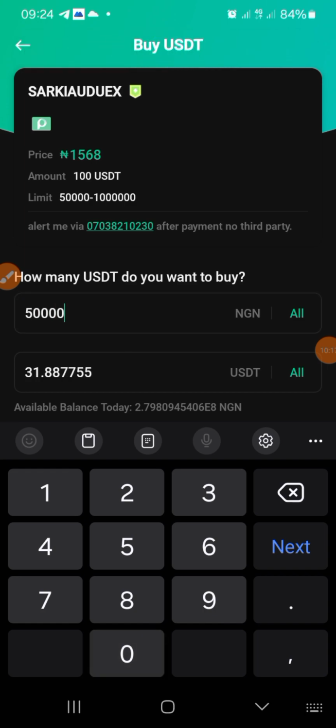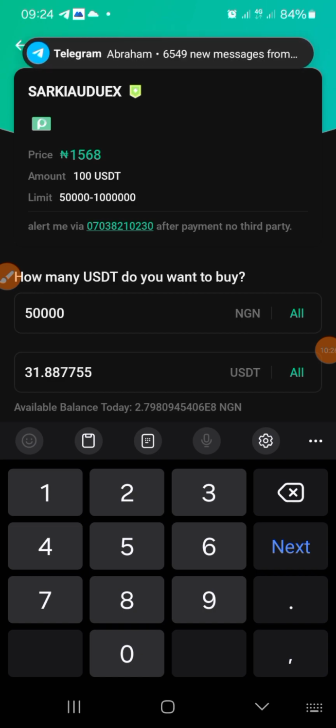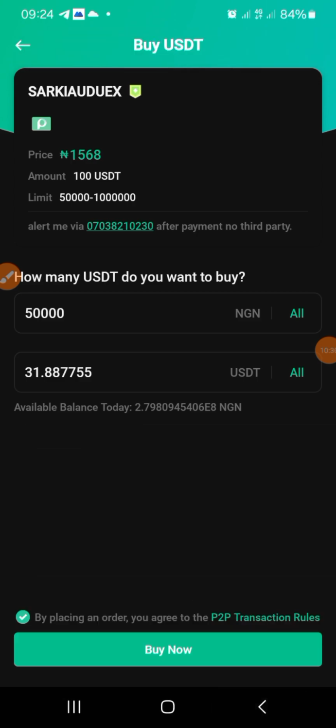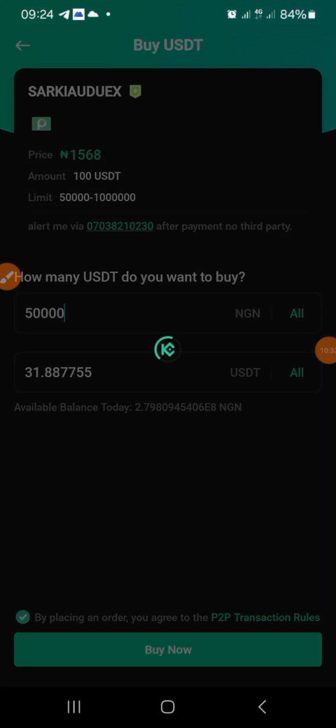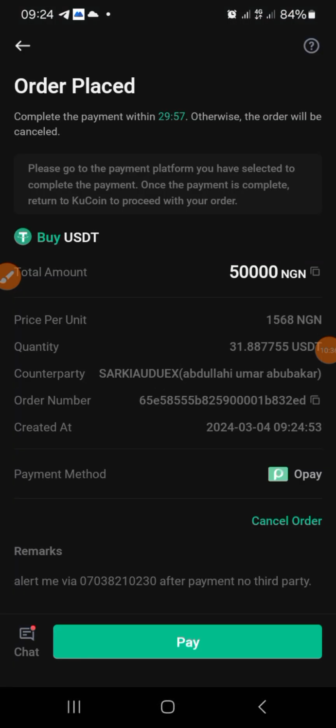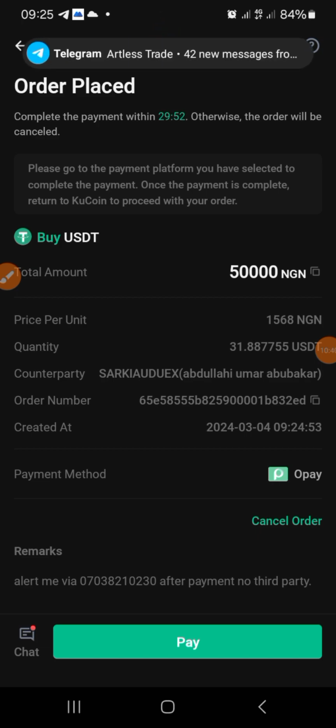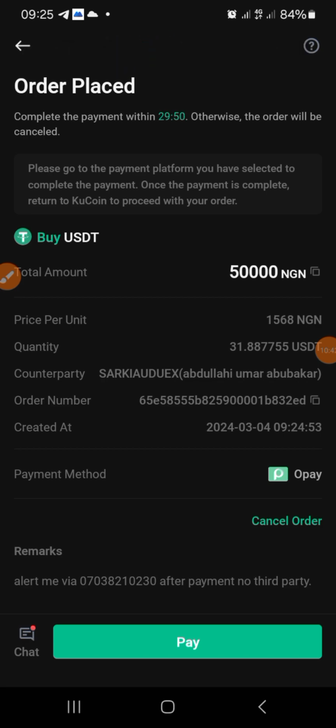So his minimum is 50,000, which is 31, and that is actually going to give us 31.8877 USDT. So you just go ahead and click buy now. Once you do that, you click pay.